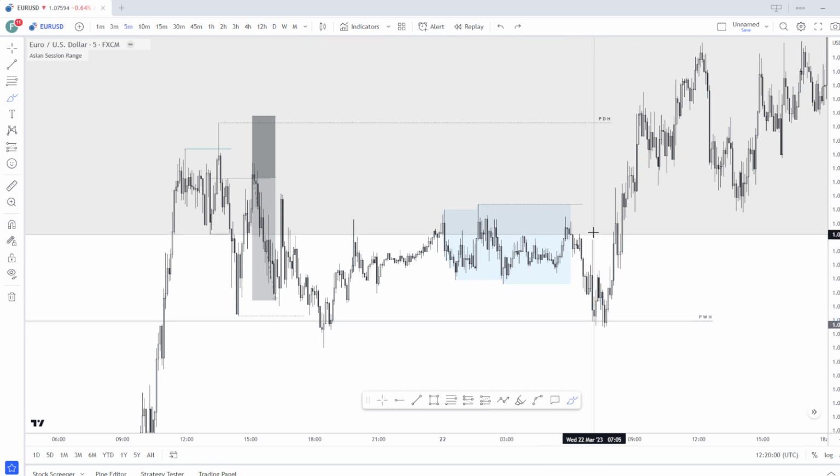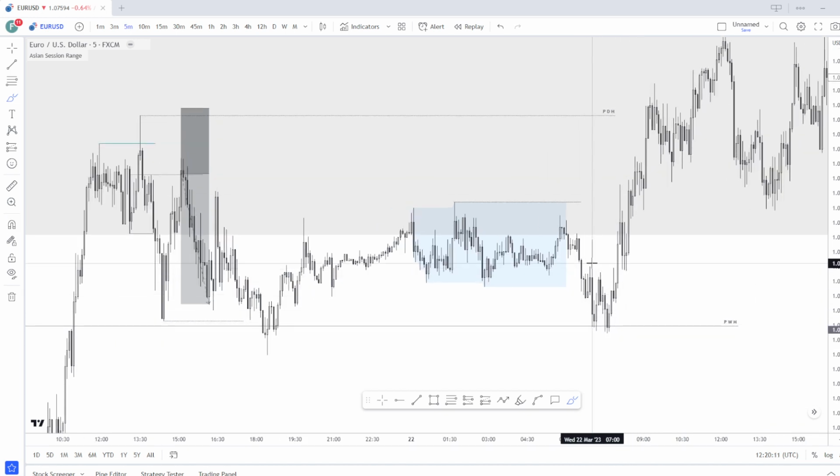But the only problem with this is that I don't really like trading before 8 AM, purely because of London manipulation. You would have been able to get a 2R on that, but there we go.